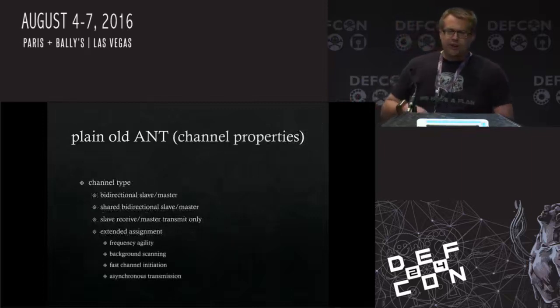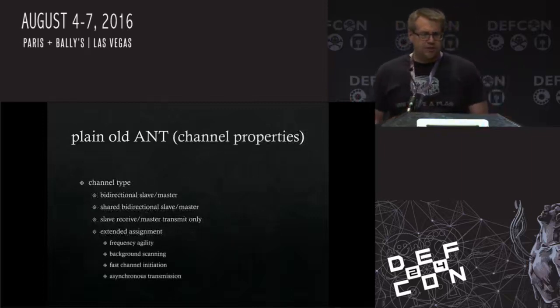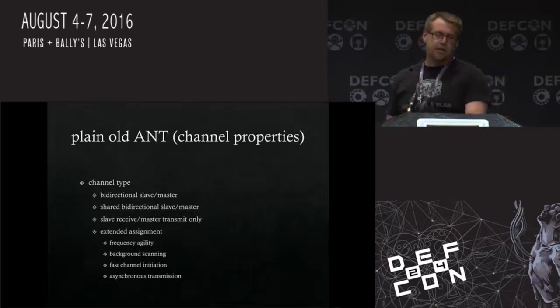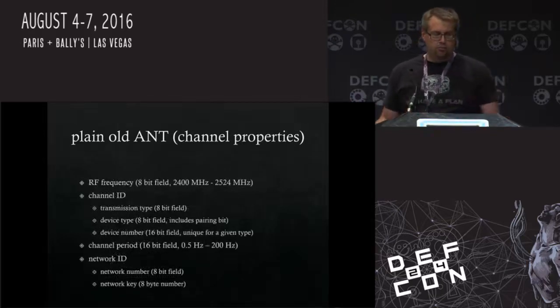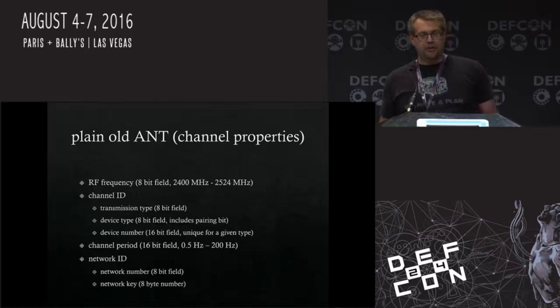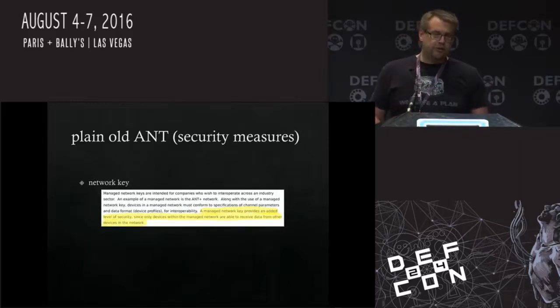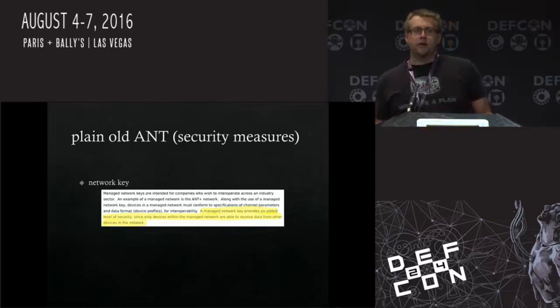Channels are defined by lots and lots of properties like frequency or the channel ID. But the most important for us from a security standpoint is the network ID, because it contains an 8-byte long number called network key, which according to Dynastream is a security measure. It's a security measure because only nodes with the same network key can communicate with each other.